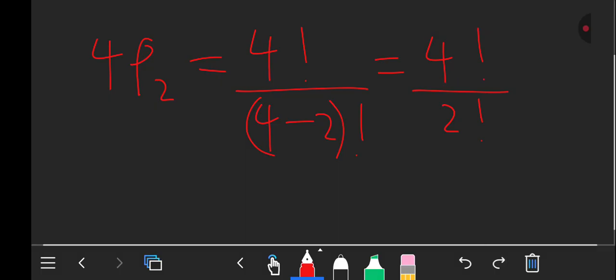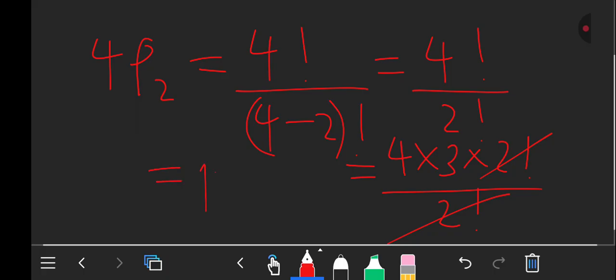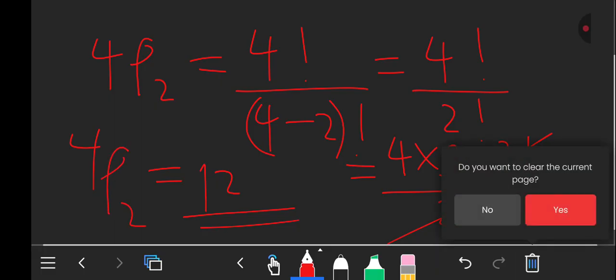So 4 factorial is 4 multiplied by 3, ending strategically on 2 factorial so that it can cancel with the 2 factorial on the denominator. So we have 4 times 3, which is 12. So 4 permutation 2 is 12.